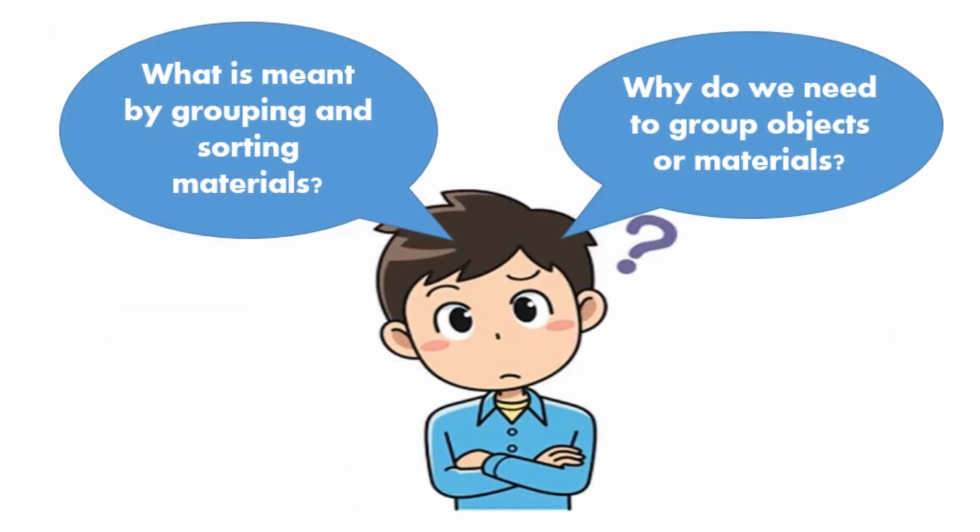So, whatever objects you see around yourself are actually made from different materials. Now the question arises: why do we need to group objects or materials, and what is meant by grouping and sorting materials?